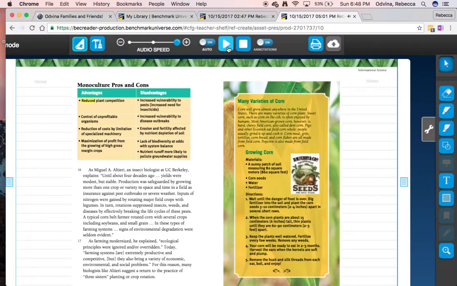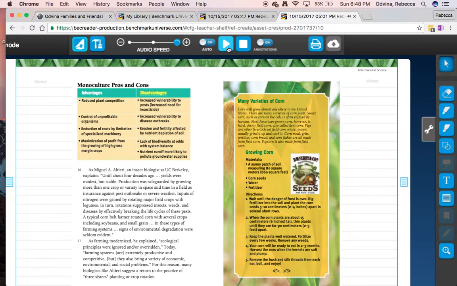Advantages: reduced plant competition, control of unprofitable organisms, reduction of costs by limitation of specialized machinery, maximization of profit from the growing of high gross margin crops.